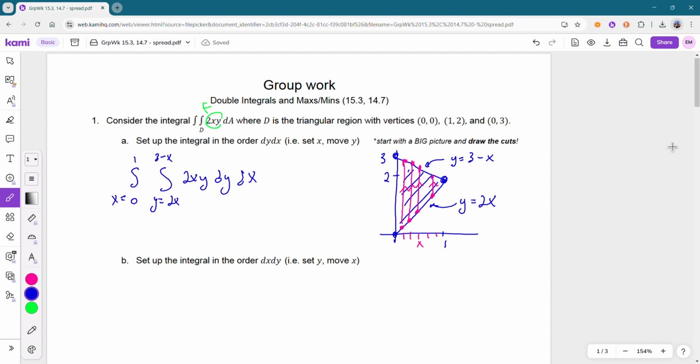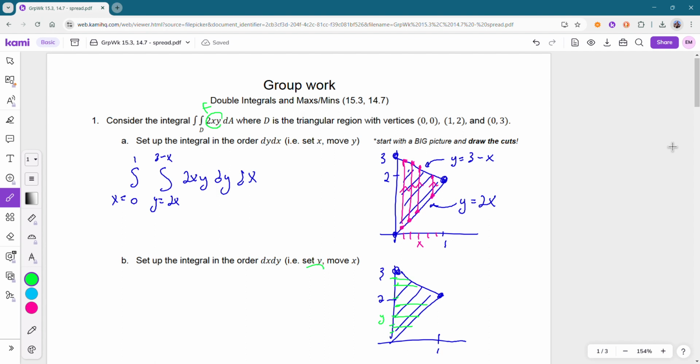In our second order, I'll just copy paste this same triangle, but now our cuts are going different directions. So now we are setting y and moving x, so we're imagining setting different y's, and where our cuts are horizontal.